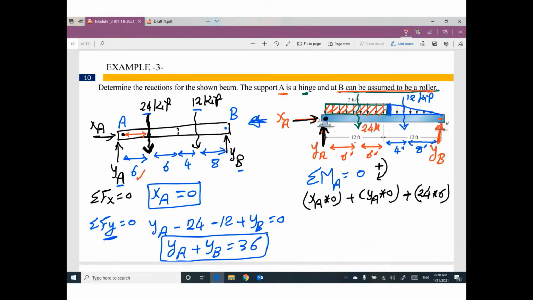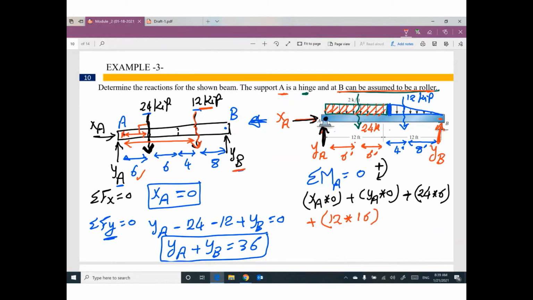Please make sure your distance and your force are perpendicular. The following force, the second equivalent force, 12. What is the total distance between this force and point A? 4 plus 6 plus 6 equals 16.